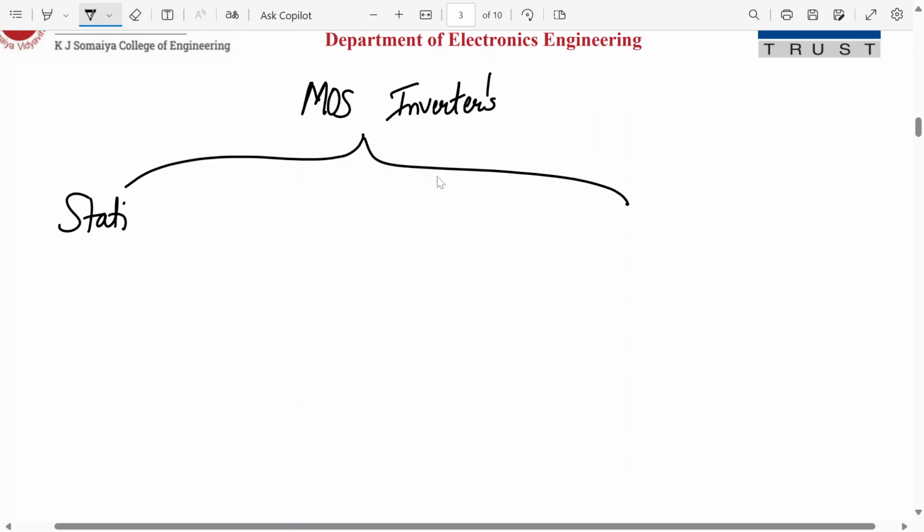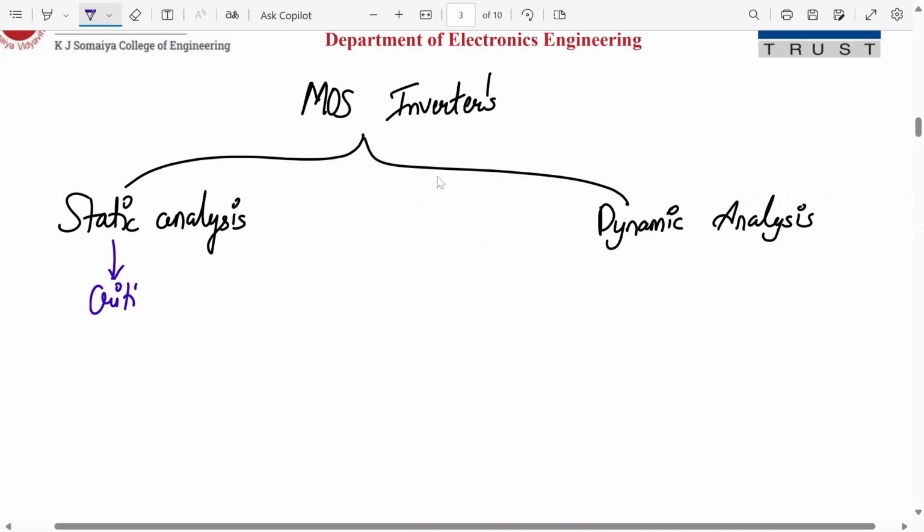One is called steady state or static analysis. One is called dynamic analysis. In static analysis, we find out the critical parameters. We'll estimate the critical parameters. What are the critical parameters?